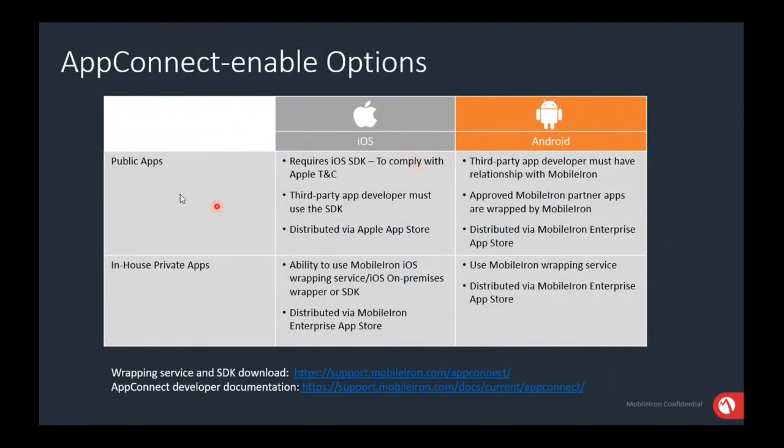So this is the difference between public apps and in-house private apps. Public apps like Facebook or WhatsApp or Google Chrome, you cannot wrap. You cannot make publicly available apps AppConnect enabled apps. Only in-house developed apps can be wrapped.